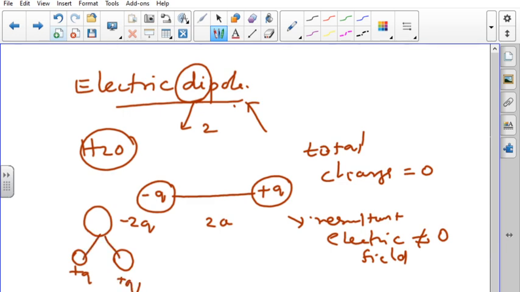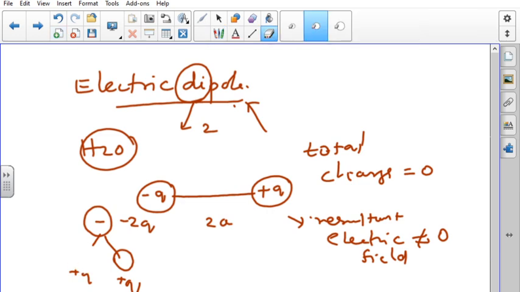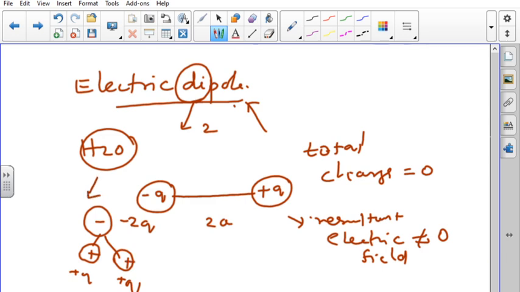The center of the positive charge does not coincide with the center of the negative charge. They are separated by a certain distance. This is minus and these are plus. It is an example of an electric dipole.